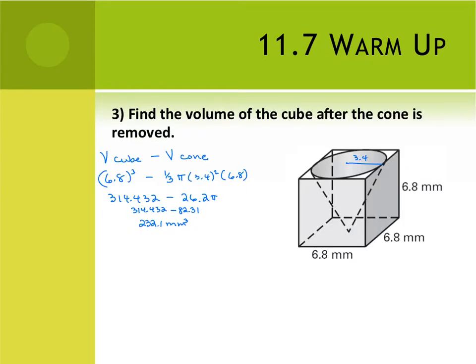Okay. Next, it wants us to find the volume of the cube after the cone is removed. So what I need to do is find the volume of the cube and the volume of the cone and subtract them. Now, if it were left in terms of pi, this would be the answer right here.